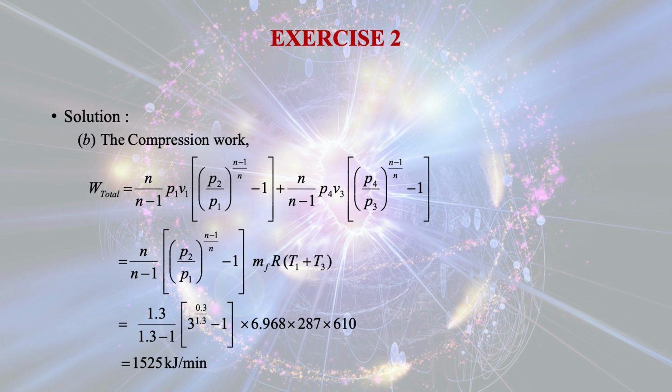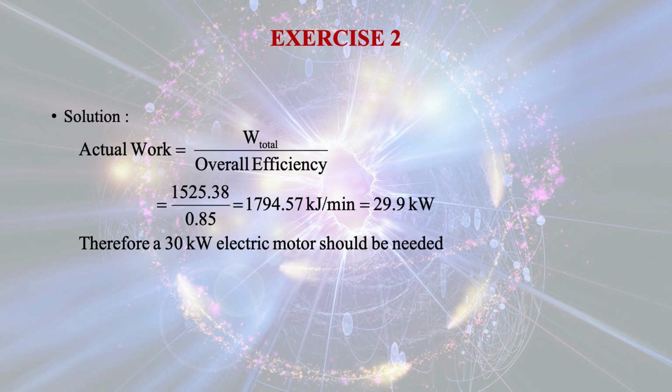So if you put all these values, finally you will get W total is equal to 1525 kilojoule per minute. Now the actual work is W total divided by overall efficiency. The overall efficiency is already given for this problem, that is 85%, and W total you have already calculated. So actual work is equal to 1525.38 divided by 0.85, that comes out to be 1794.57 kilojoule per minute.